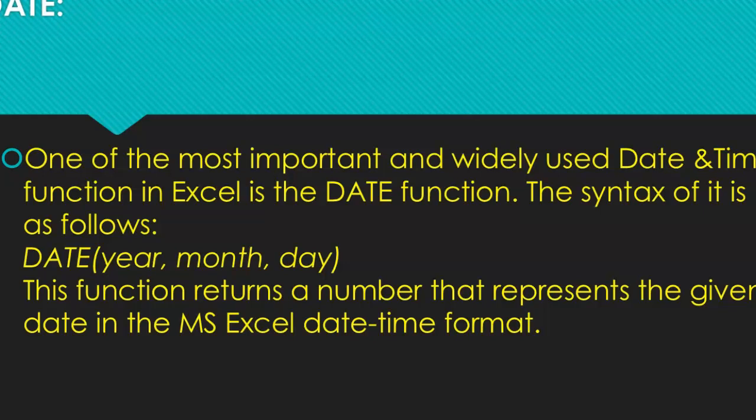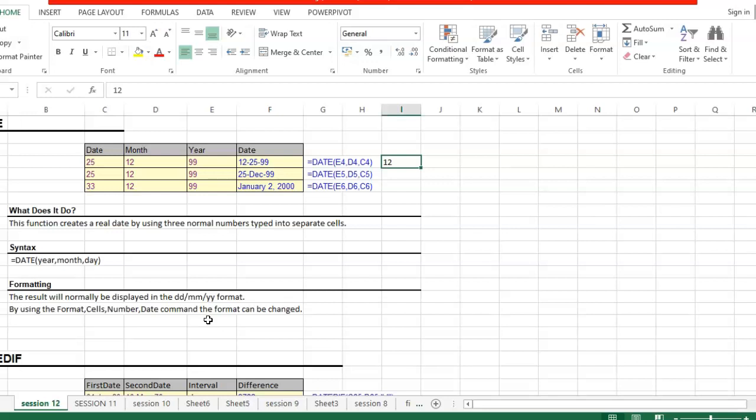Let us begin with our first function with a numerical example. Consider the data as in the table. We have data in three columns, that is C, D and E, wherein date details are in column C, month in column D and year in column E. The syntax is equal to DATE, open brackets.